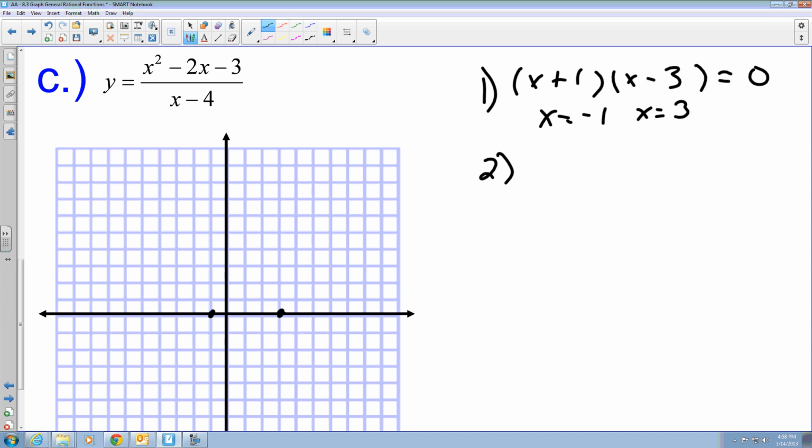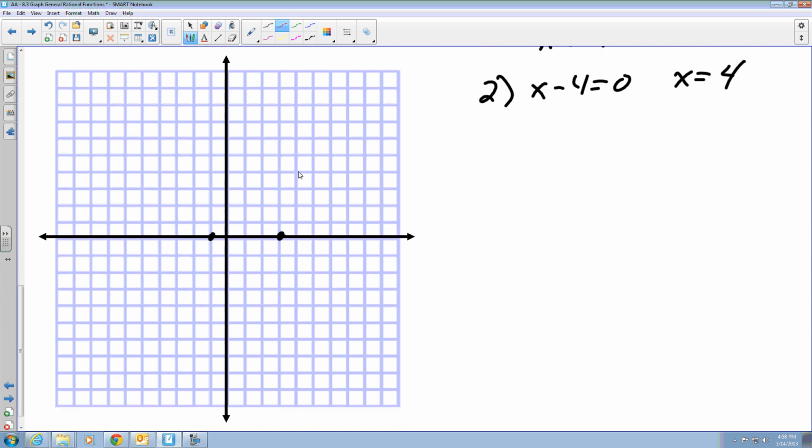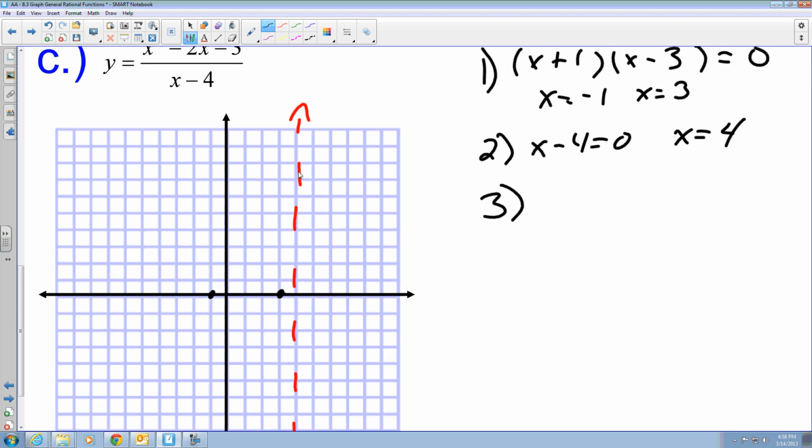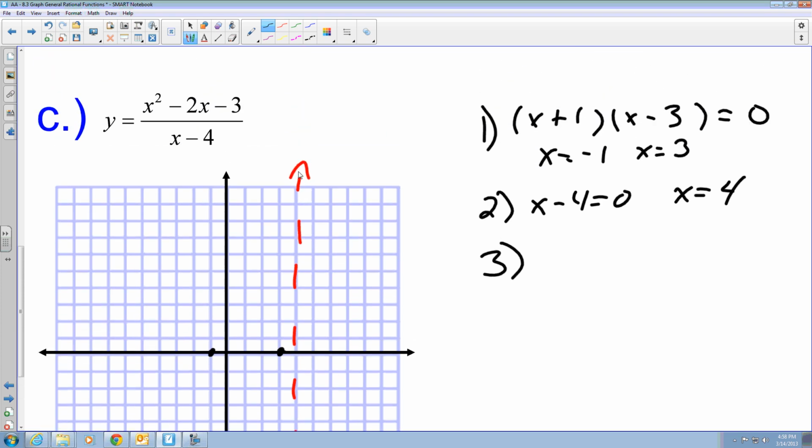Number 2 is I get to find the vertical asymptotes. So that means I have to set my denominator equal to 0. That means x is going to equal 4, and that means I get to write in my asymptote where x equals 4. Number 3 is they want to find my horizontal asymptote.